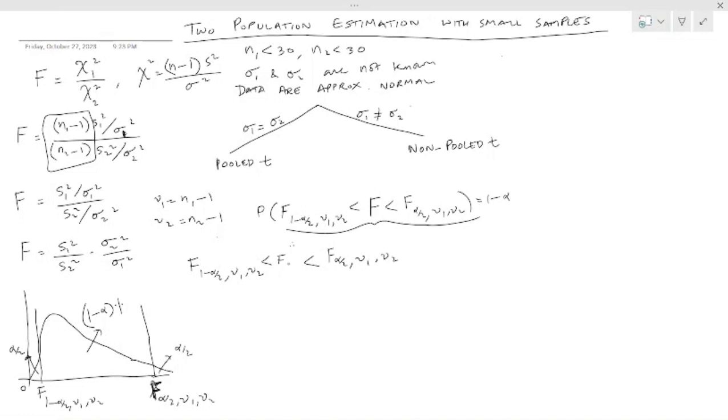Now we substitute the value of f in the center of this CI as s1 squared divided by s2 squared times sigma 2 squared divided by sigma 1 squared.